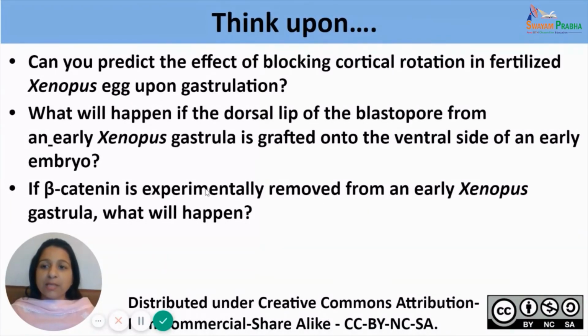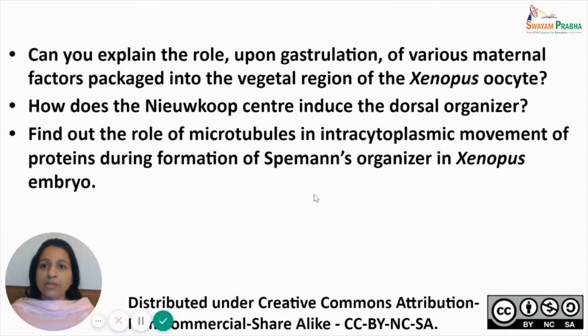Since we discussed that beta-catenin is an important factor in embryonic induction, you can think of an answer to this question. Can you explain the role of various maternal factors packaged into the vegetal region of the Xenopus oocyte upon gastrulation? So you have to club all the maternal factors that we discussed in this lecture.